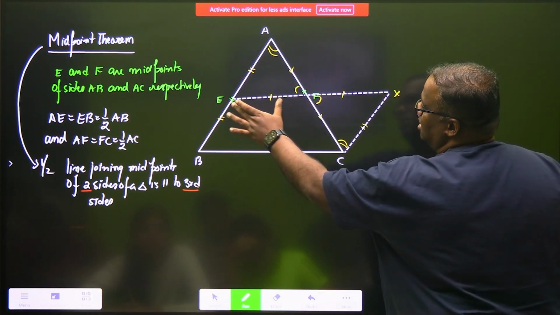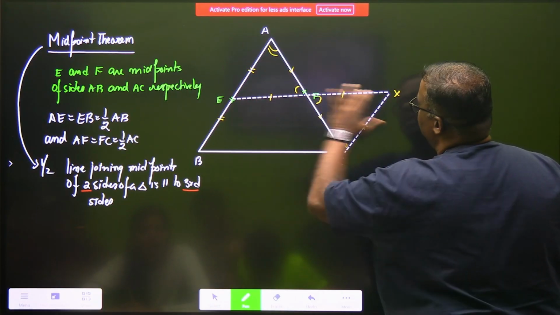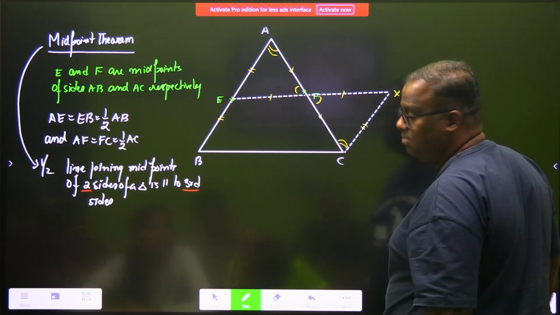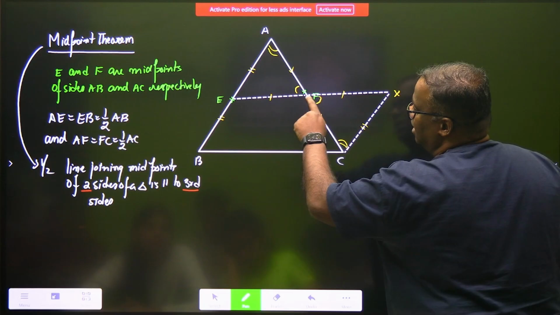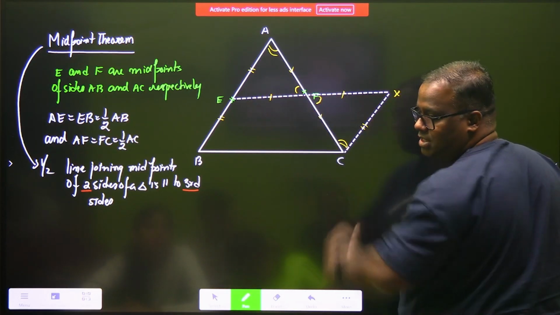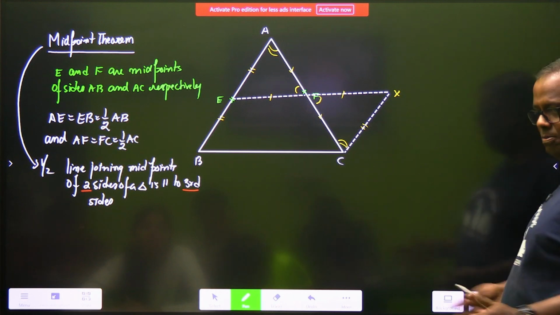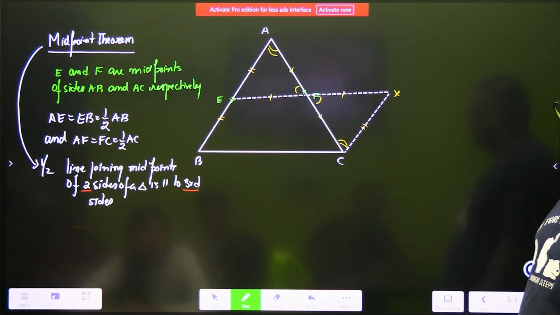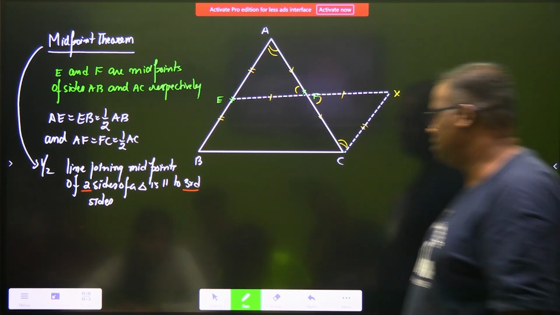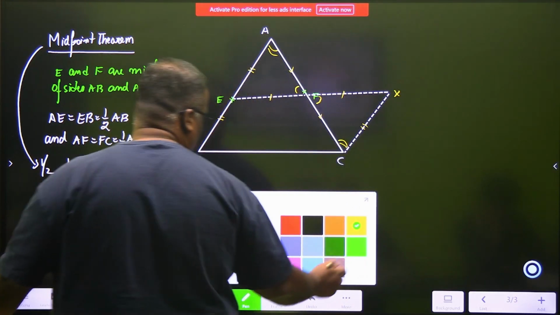That means EX should be equal to BC. EF is half of EX, so EF is also half of BC. Verbally we have seen it first, now let's see the proof by writing it.